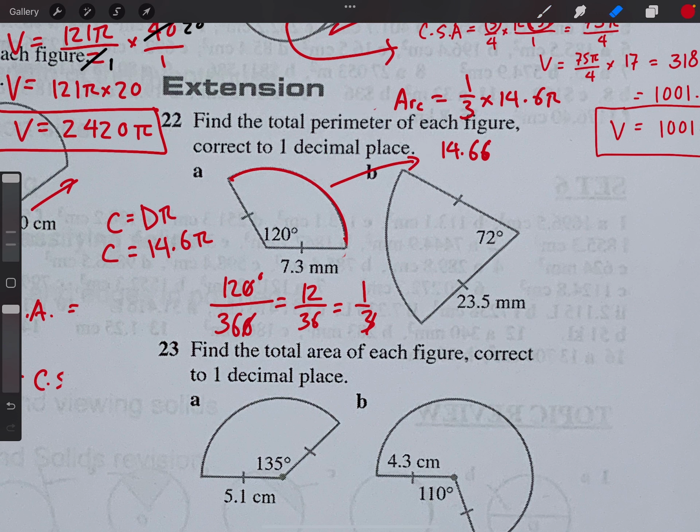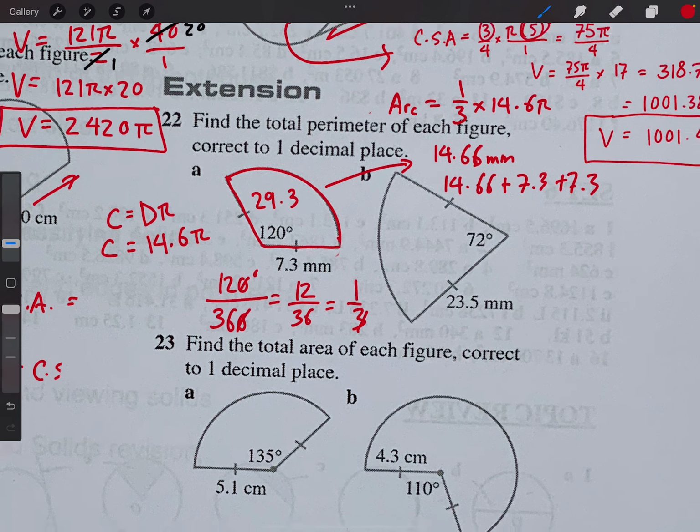This will be in millimeters. Now to find the perimeter, we have to add another 7.3 and 7.3. So it'll be 14.66 plus 7.3 plus 7.3, and the answer is 29.26. Oh, to 1 decimal place, sorry, so 29.3.